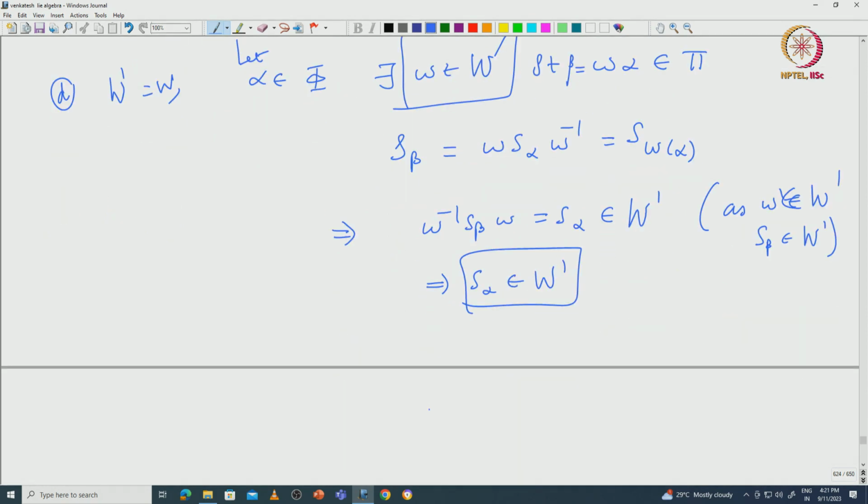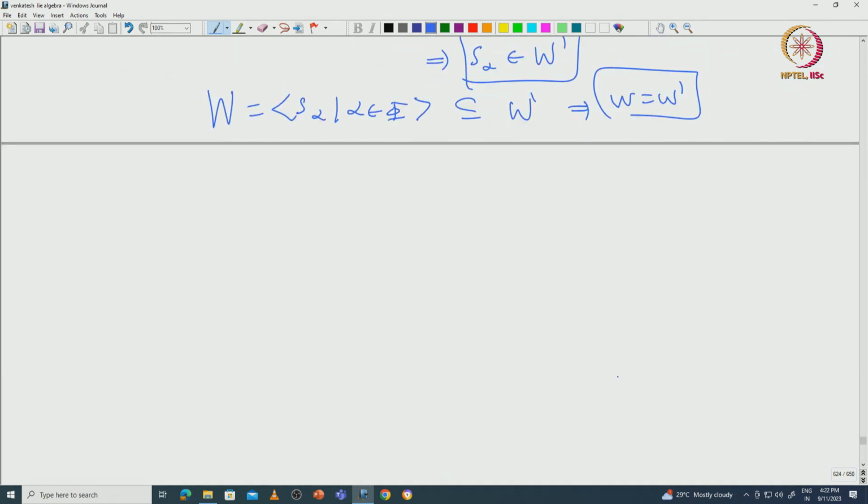So, since W is generated by S alpha, alpha in phi, you can see that W is a subset of W dash, that proves W equals W dash. So, this indeed proves W is actually generated by all the simple reflections that come from this pi.